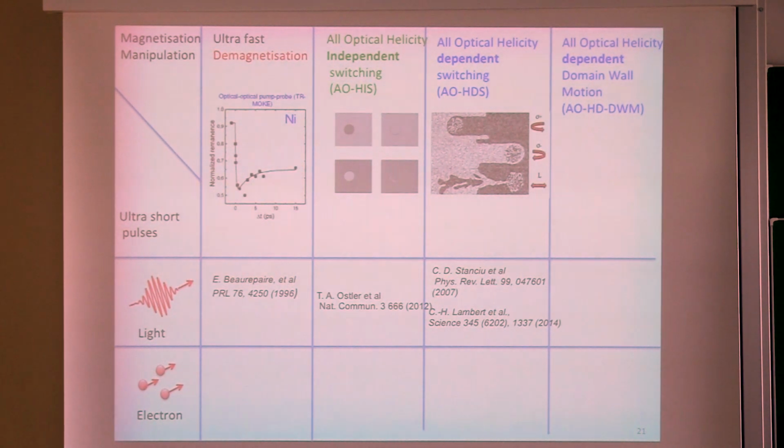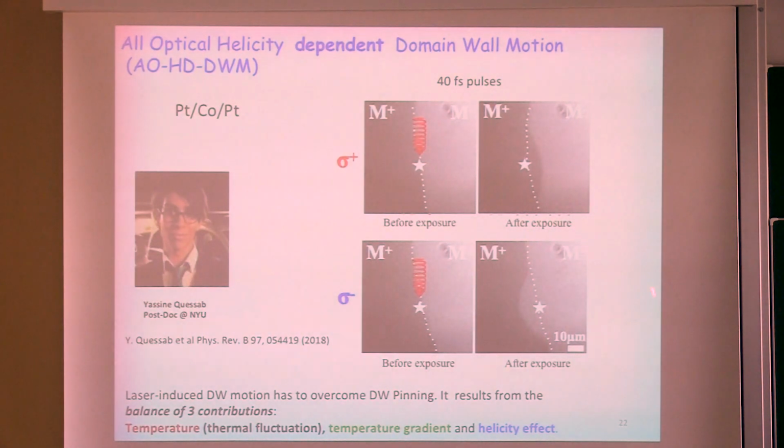All right, now let's see another type of helicity-dependent switching, which is domain-wall motion. In that case, we create artificially a domain up and down, and the domain wall is here, and then we shine a laser just on the domain wall.